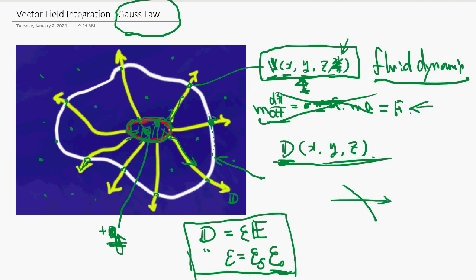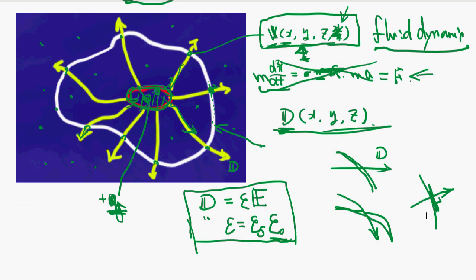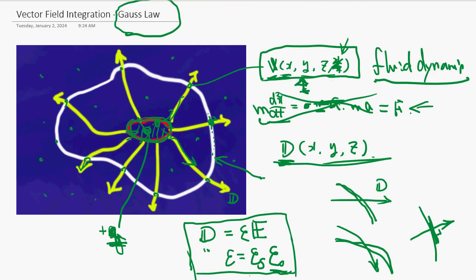Or boundary crossing this way means D is coming into the enclosed area, or going straight up. So our objective here is to calculate the total amount of D coming out of this enclosed area to the outside.